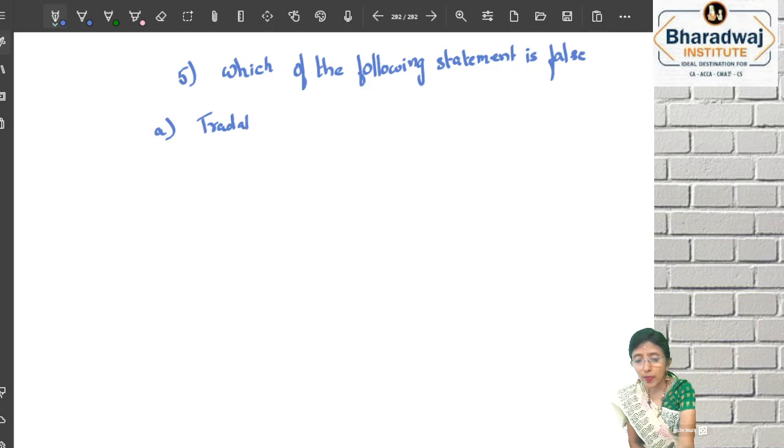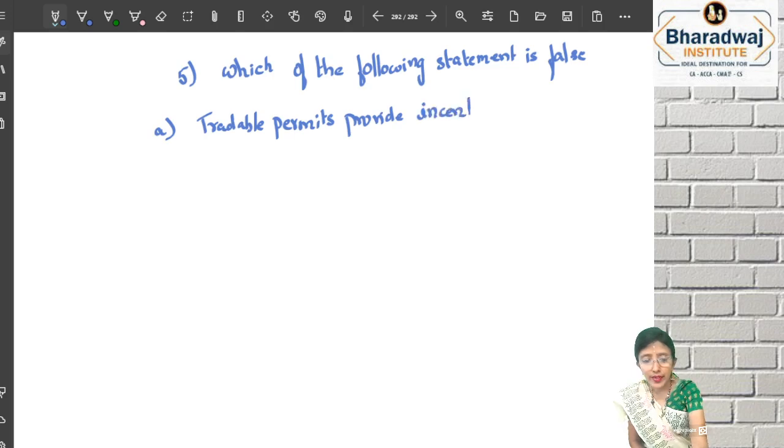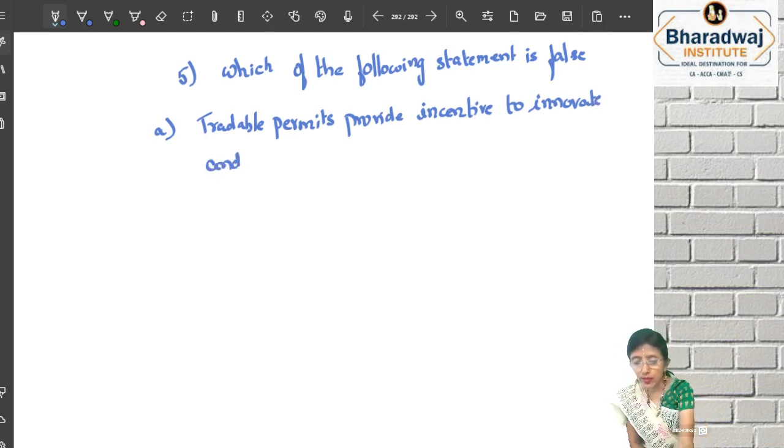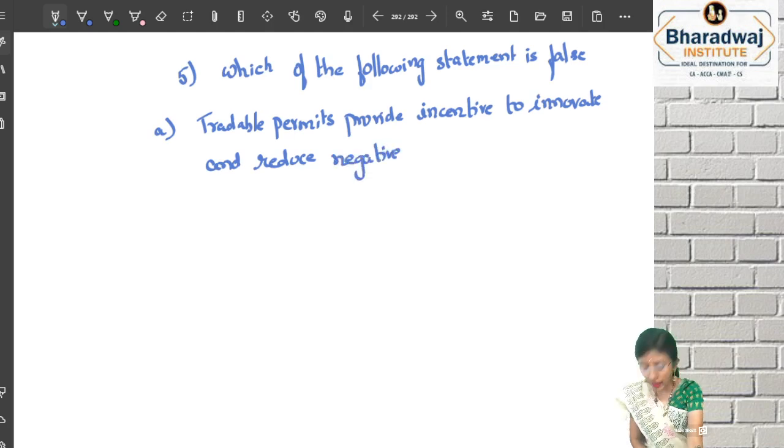Tradable permits provide incentive to innovate and reduce negative externalities. Statement 1. Understand the statement. You have to find out the false one.